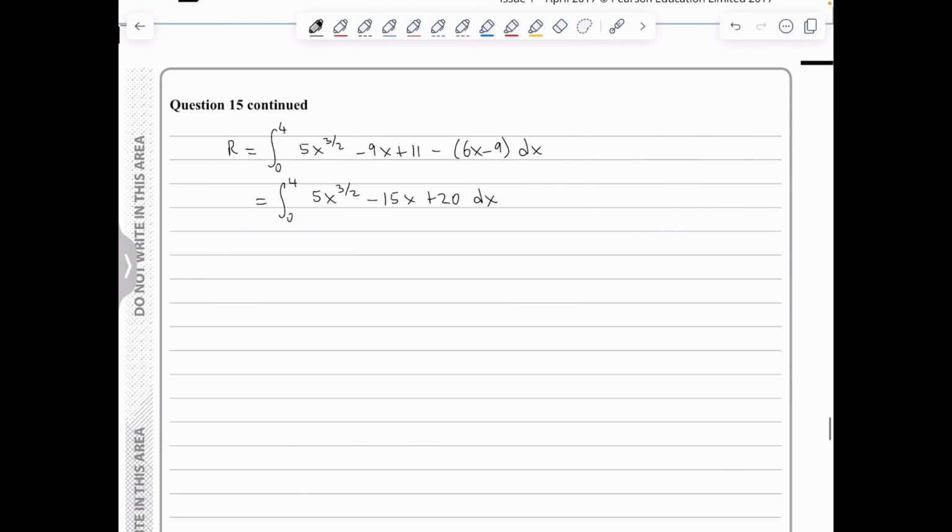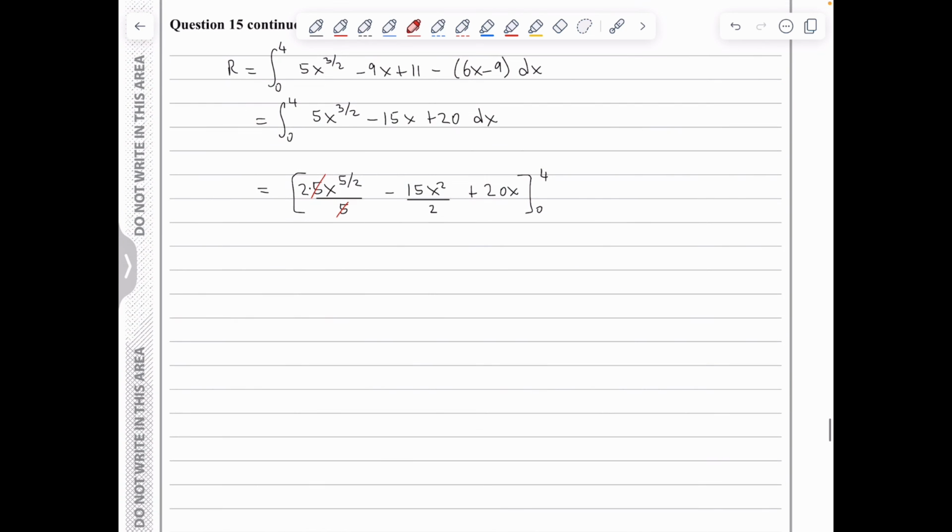So I'll be increasing the power by 1: 5x to the 5 over 2, over 5 over 2, minus 15x squared over 2 plus 20x, and the limits are 0 and 4. We notice that the 5 with the 5 cancel out, and then I'll be substituting the upper limit.